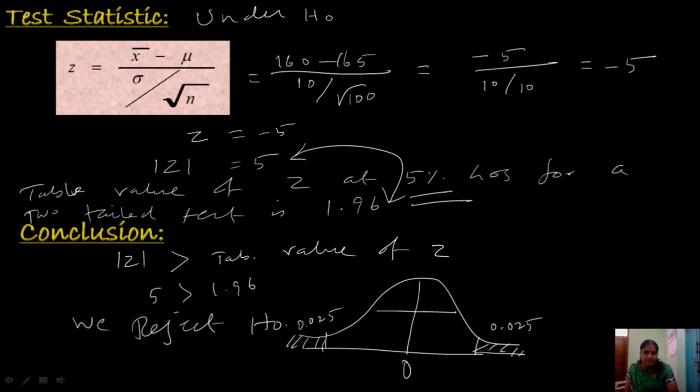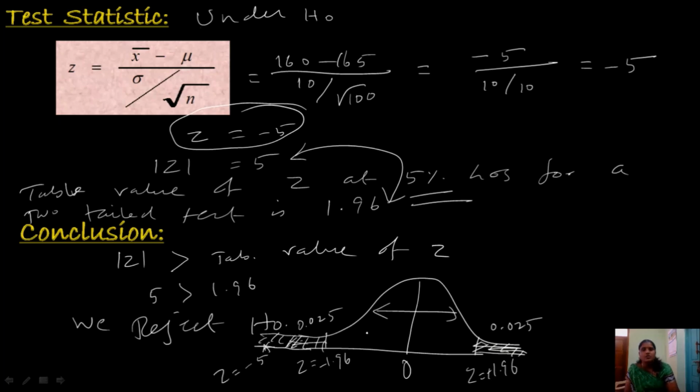This is my acceptance region and this is my rejection region or critical region. The value of Z at 5% level of significance on the negative side is minus 1.96, whereas on the positive side is plus 1.96. But the calculated value I have obtained is Z equal to minus 5. So it falls here approximately, isn't it? So that's why we have to reject the null hypothesis.